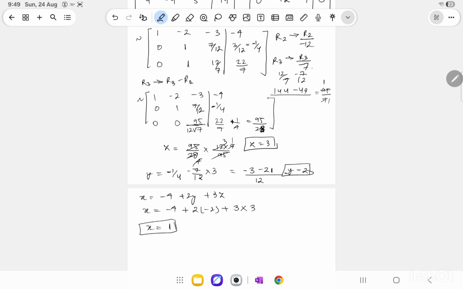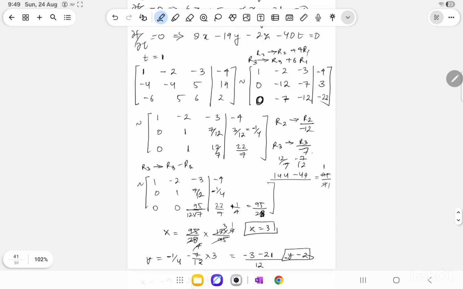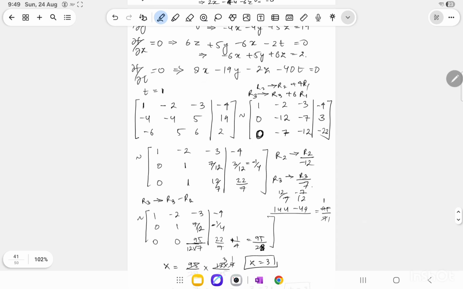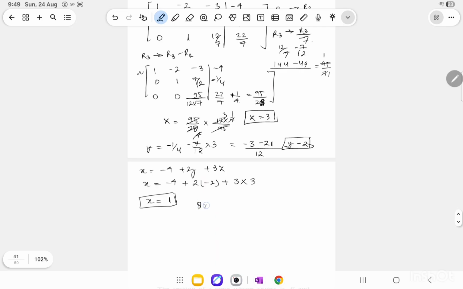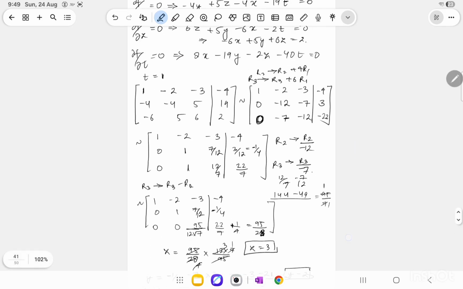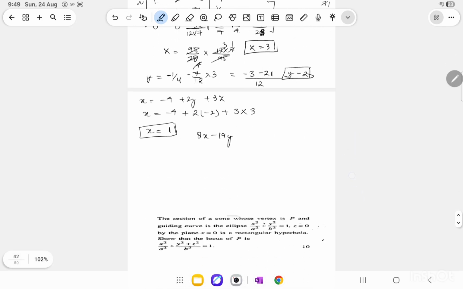Now we are supposed to put these values of X, Y and Z in the last equation that we got by differentiating F with respect to T, which is basically 8x minus 19y minus 2z minus 40t. So if this comes out to be equals to 0, then 1, minus 2, 3 is my vertex.